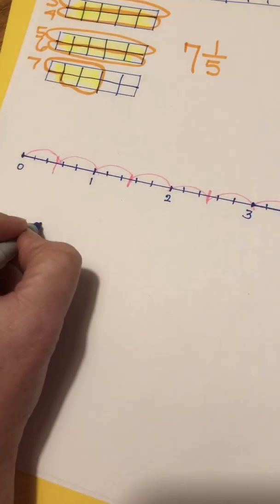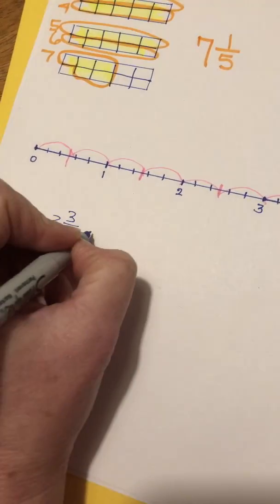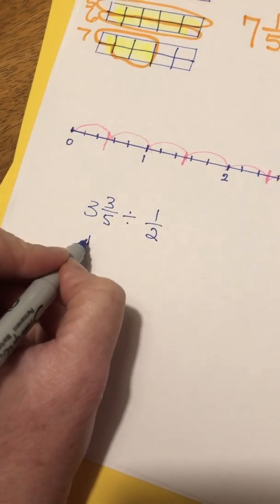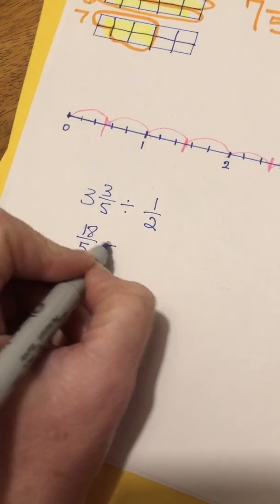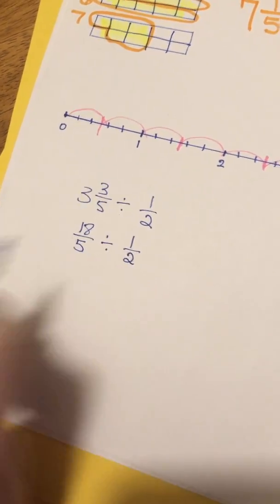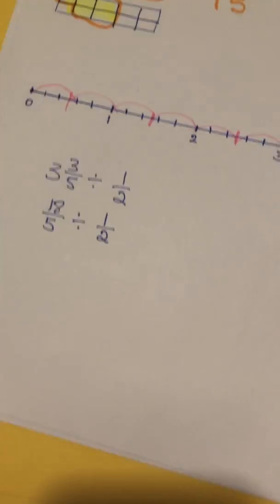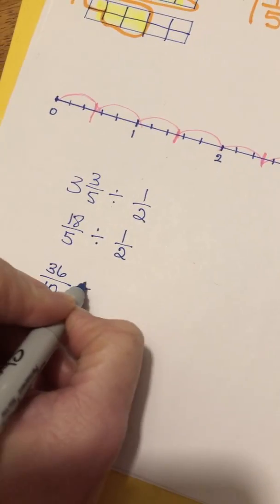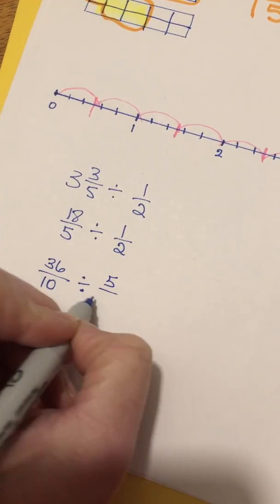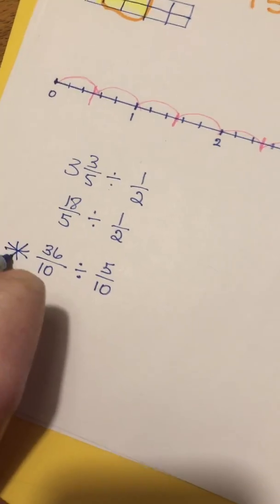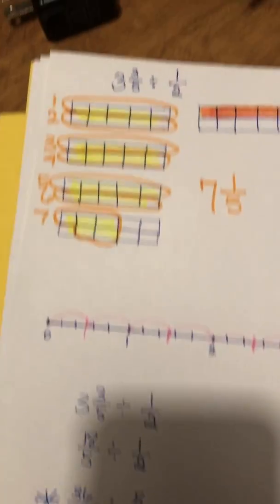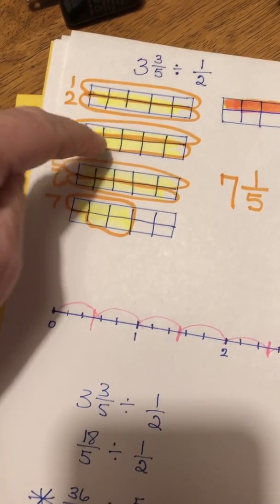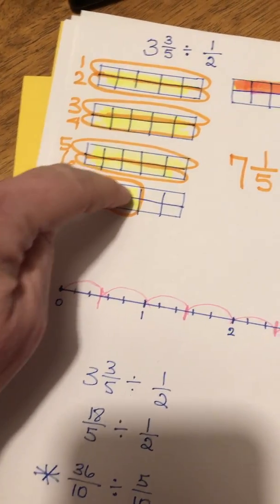So what does this show us? It shows that 3 and 3/5 divided by 1/2 is 18/5 divided by 1/2. If we were to get common denominators, this would be 36/10 divided by 5/10. And I'm going to stop right here. How many yellows were up here? 10, 20, 30, 31, 32, 33, 34, 35, 36.